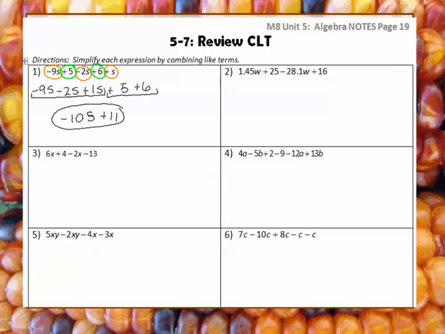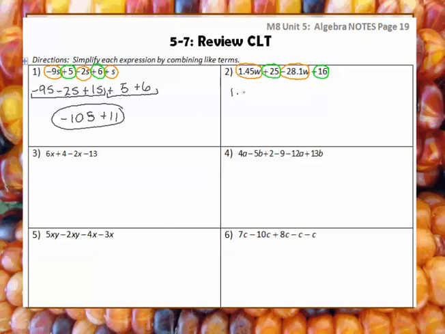Okay, same thing with number 2. I have 1.45w. I have a negative 28.1w. I have a positive 25 and a positive 16. Let's rewrite those so that they're in the right order.